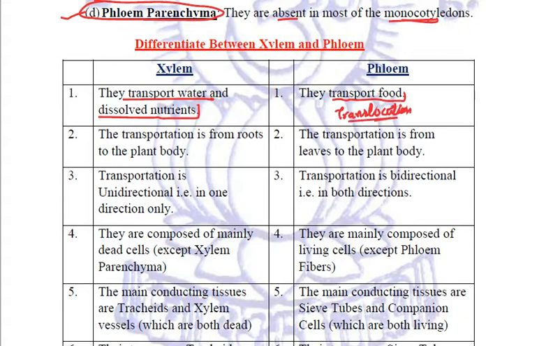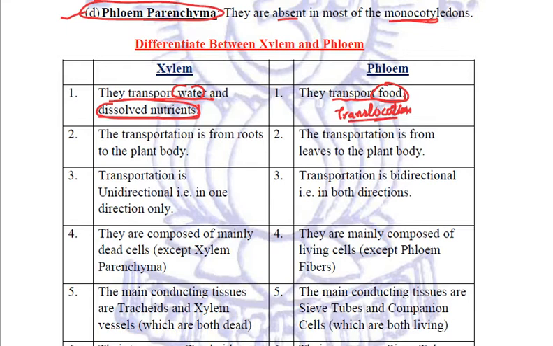What is translocation? It is the process of transportation of food by phloem from the leaves to the plant body. Both of them are conducting tissues, but they conduct different things. Xylem is conducting water and the nutrients dissolved in the water, whereas phloem is conducting food.